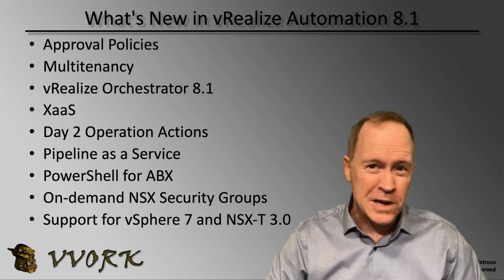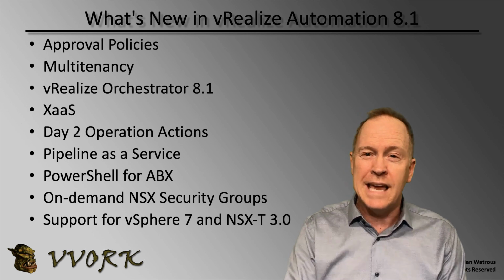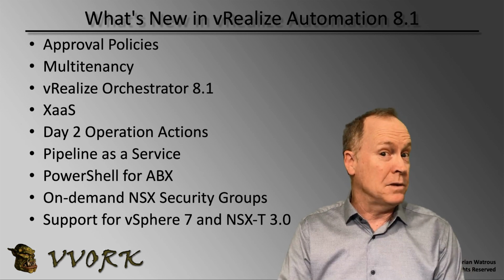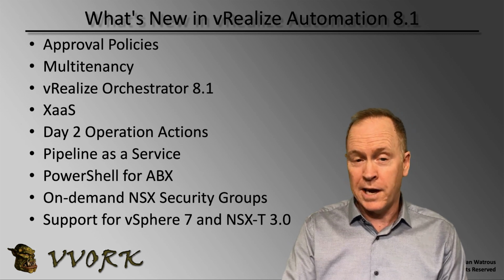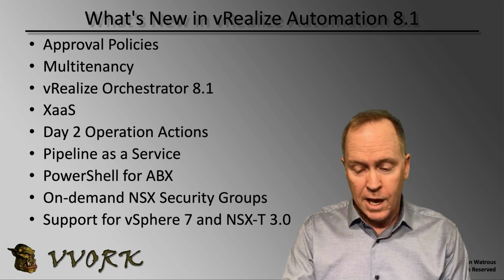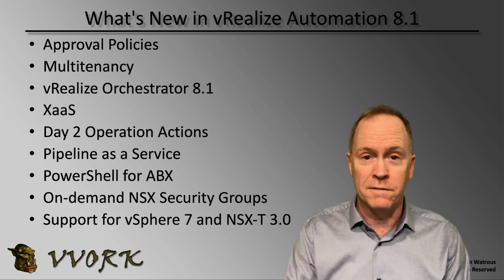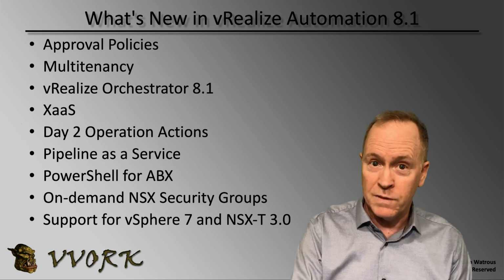Another new feature of vRA 8.1 that's closely related to XaaS is day 2 operation actions. Out of the box, vRealize Automation supports various day 2 operations. With machines, there are standard day 2 operations such as power on the VM, power off the VM, or take a snapshot of the VM.